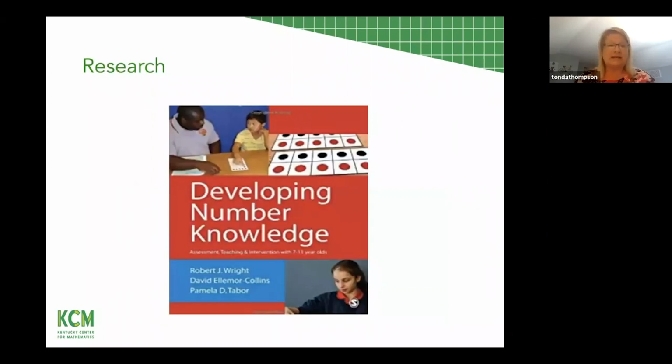The research that we're going to do today mostly comes from the Red Book, as we call it, Developing Number Knowledge. If you have not had a chance to get the book and take a look at it, I highly recommend it.